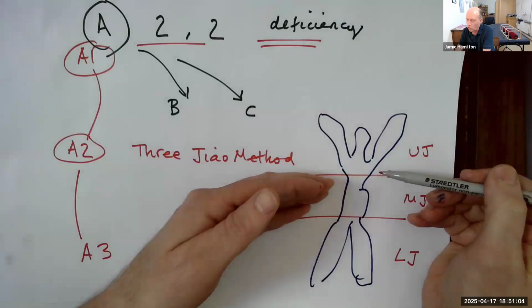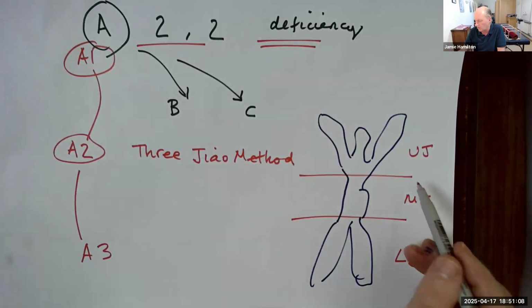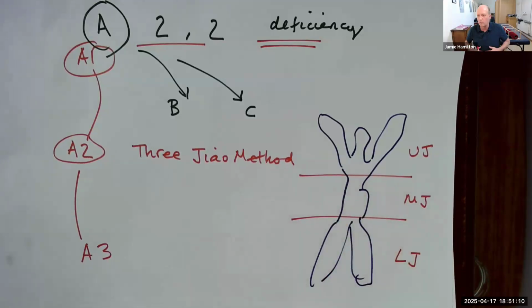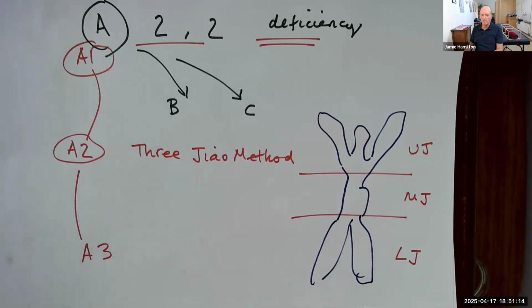It's basically the whole body, all the way up to the hands and the head, that is the upper jowl. The middle jowl is all of the middle part of the torso. The lower jowl is the lower part of the body. So this is a really interesting kind of take on the three jowl. And I think it's really, really useful to have that.